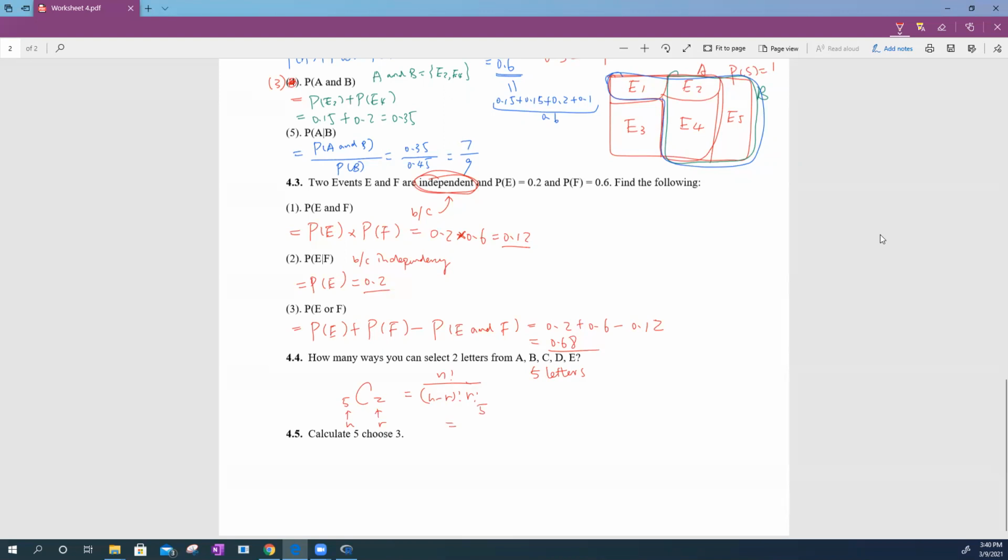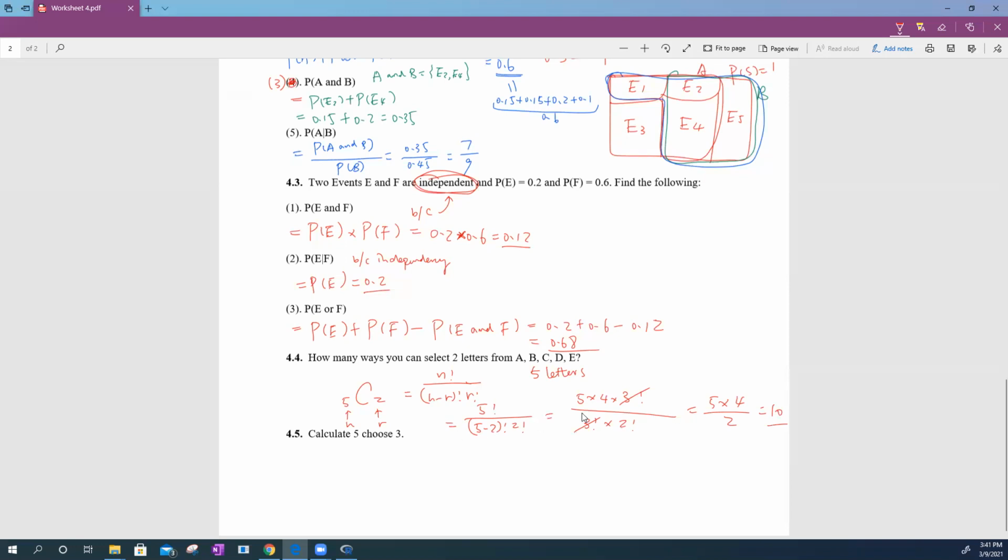So that is 5 factorial, 5 minus 2 factorial, and 2 factorial. So that is 5 times 4 times 3 factorial over 3 factorial times 2 factorial. So those cancel out. 5 times 2 divided by 2, so that's 10.